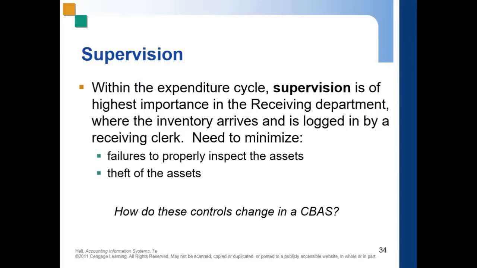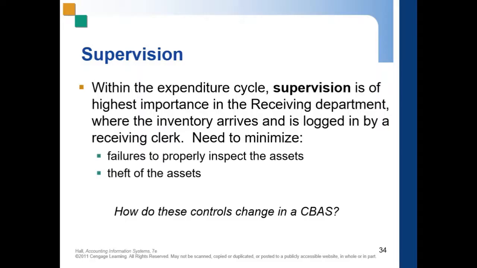Next, let's go to supervision. Within the expenditure cycle, supervision is of highest importance in the receiving department, where the inventory arrives and is logged in by a receiving clerk. In here, there is a need to minimize failures to properly inspect the assets and theft of the assets.